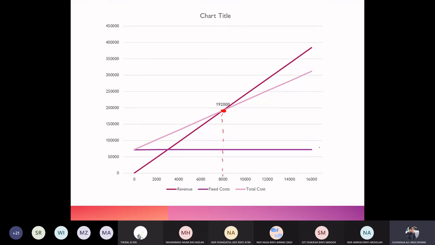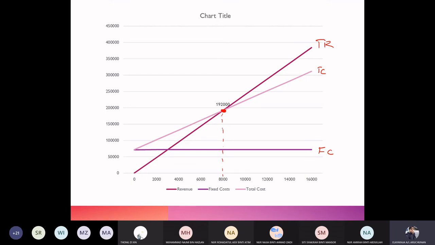This is your fixed cost, this is your total revenue, and these are your total cost. This is the break-even point.